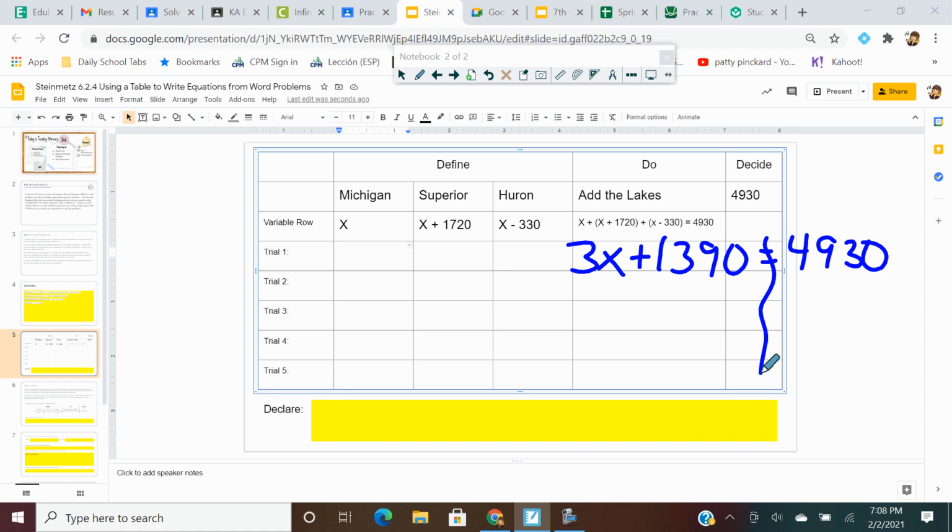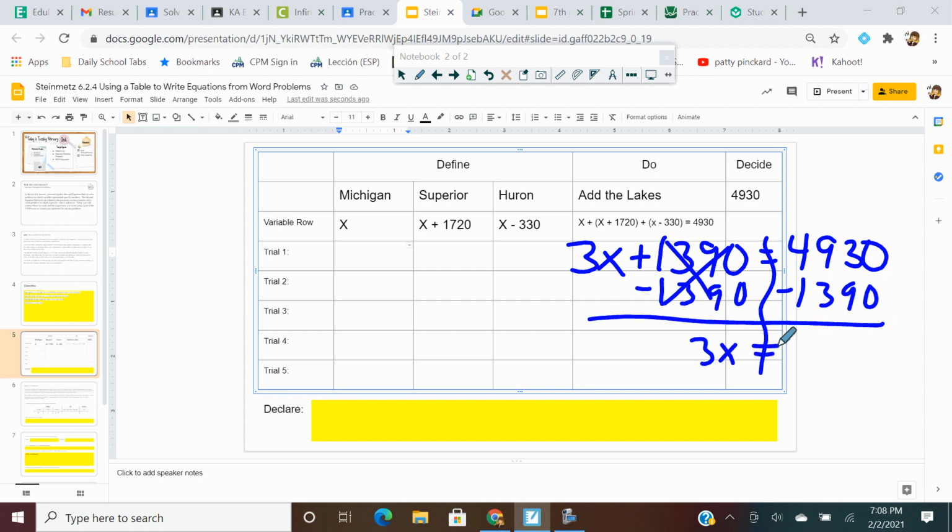Okay, so now I solve my equation. I subtract 1,390 from both sides. I get 3x equals 4,930 minus 1,390, which gives me 3,540.